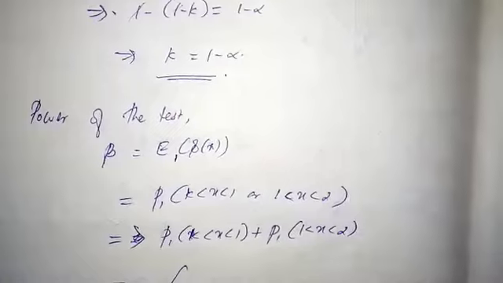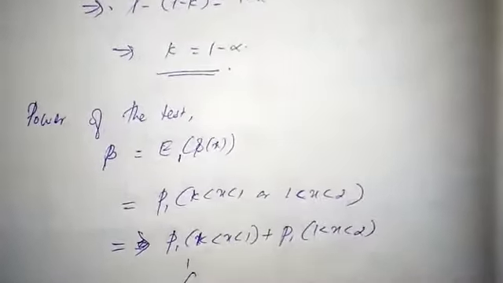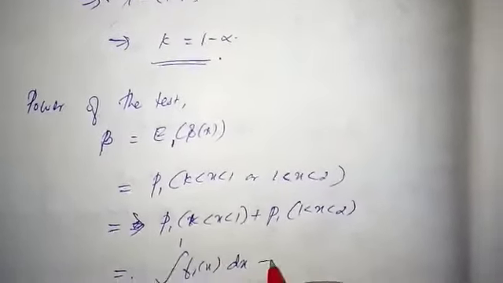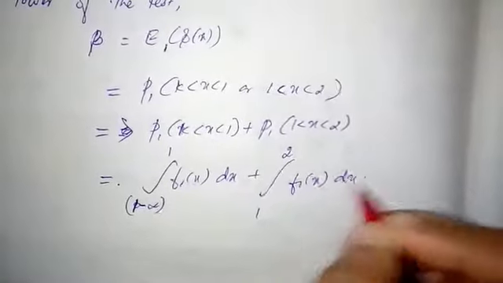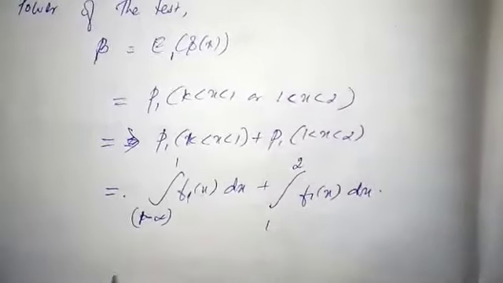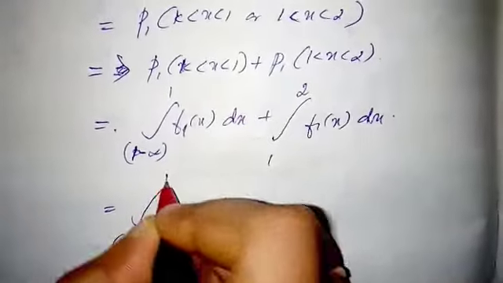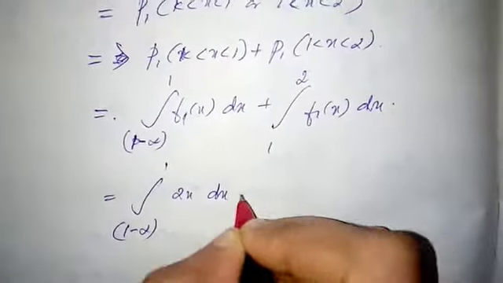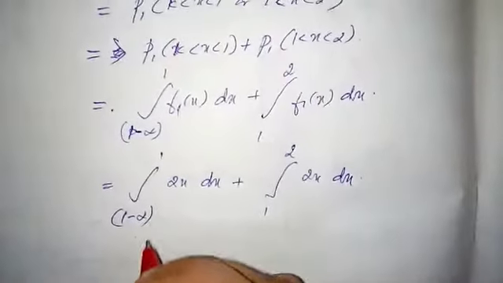Then we can write the integral from 1 minus alpha to 1 of f1 of x dx plus the integral from 1 to 2 of f1 of x dx, because the power of the test is under H1. What is f1 of x? f1 of x is 2x. It is the integral from 1 minus alpha to 1 of 2x dx plus the integral from 1 to 2 of 2x dx.